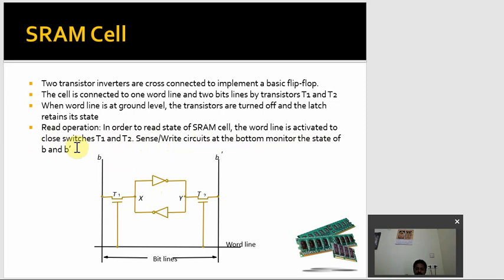So whenever a read operation is to be performed, the word line is activated to close switches T1 and T2.